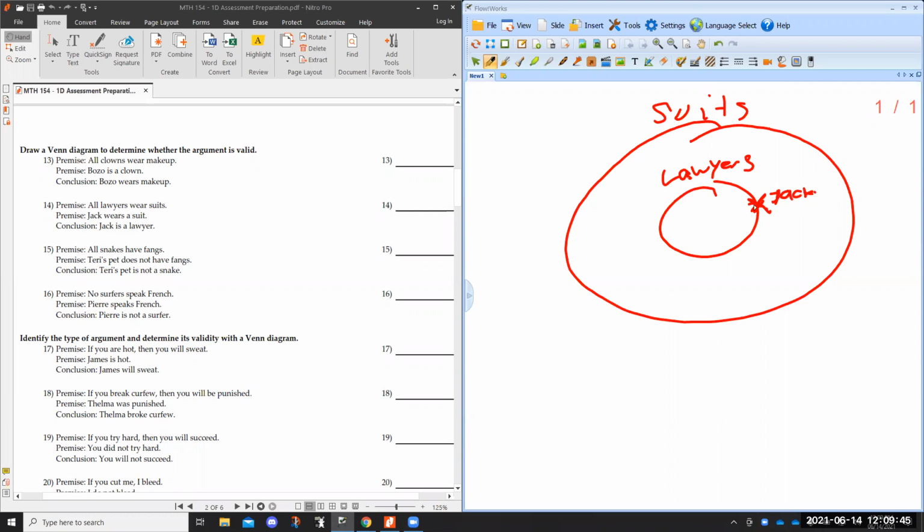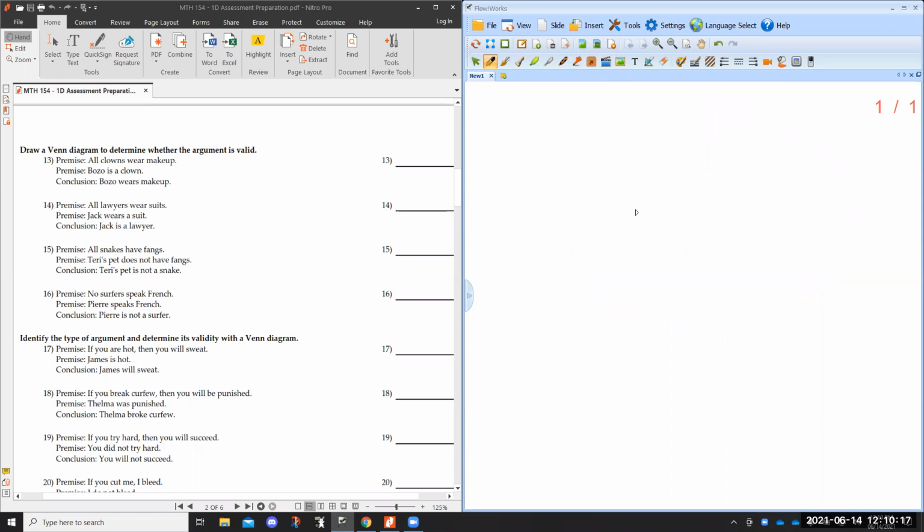Jack could be somebody who wears a suit who's not a lawyer, like a teacher, if teachers wear suits, professors, or a CEO of a business or something like that. So just because Jack wears a suit does not mean that Jack is a lawyer. That's an invalid argument.